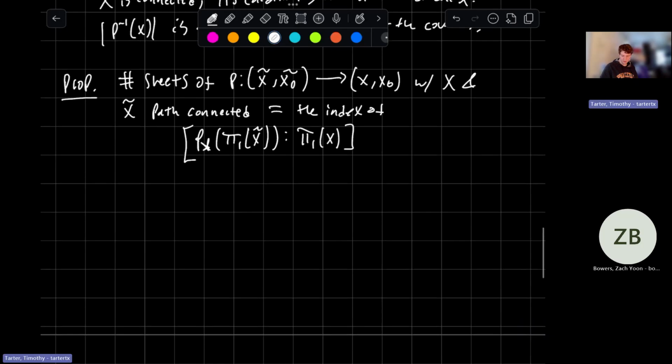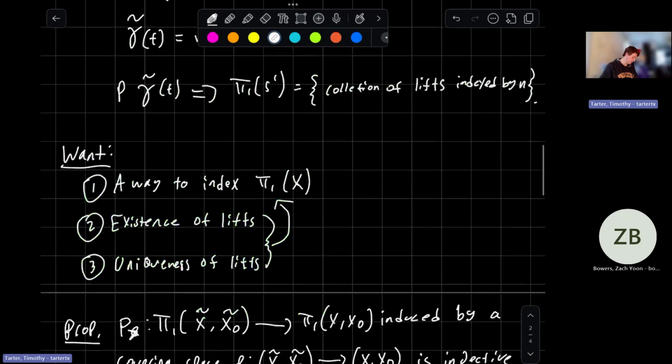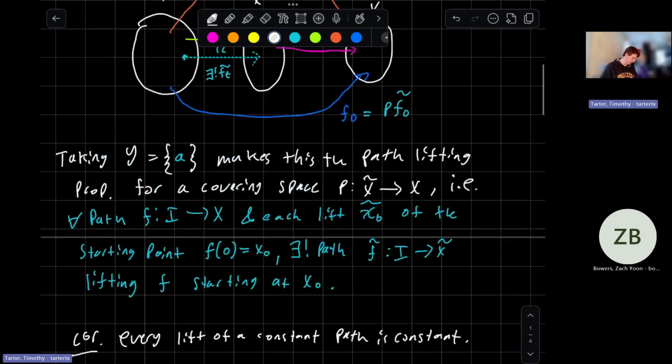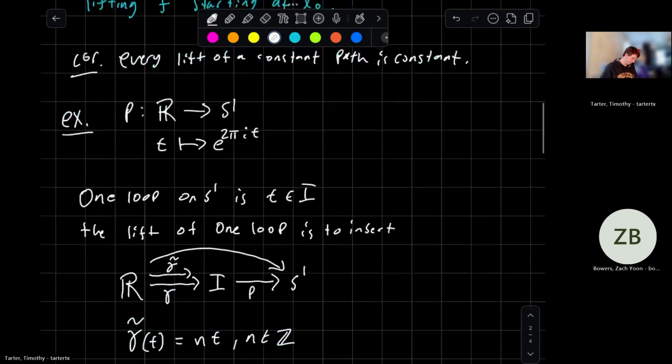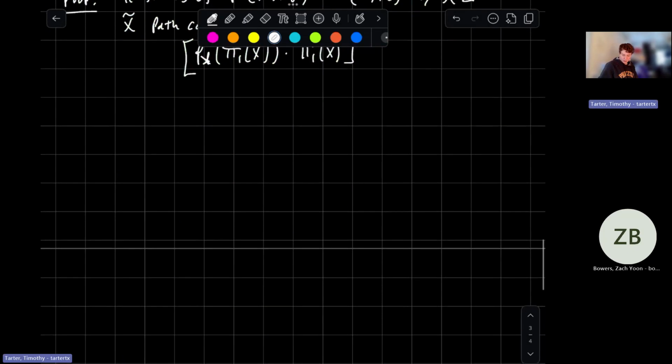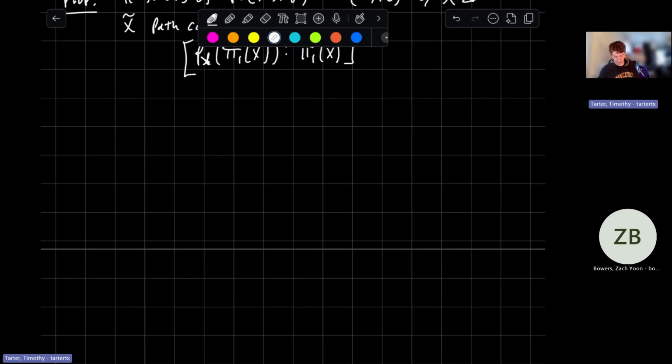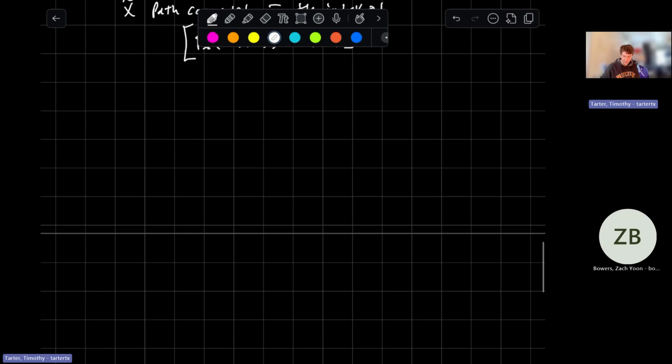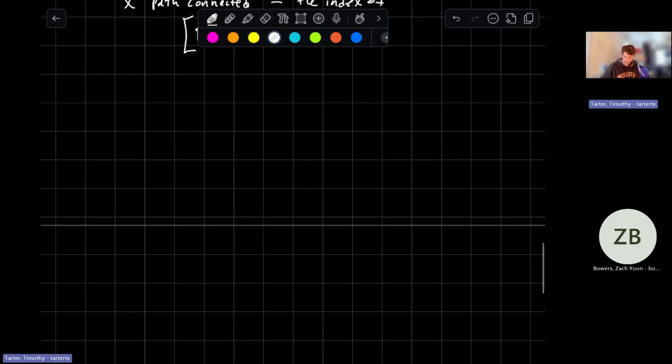And this makes a lot of sense. This was the whole motivation up here. It's important also to know about the existence and uniqueness of lifts, of general maps, not just homotopies.